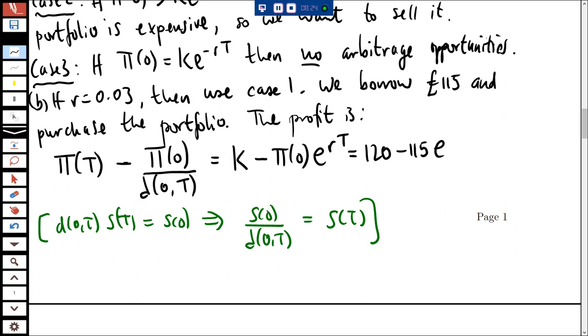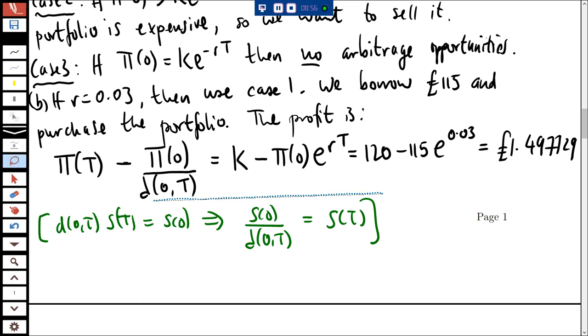If we compound at 3%, the amount that we borrowed, 115 e to the 3%, which gives us a positive number, which means a profit of £1.497729. Okay, so this is the profit that we would achieve if the risk-free interest rate was 3%.